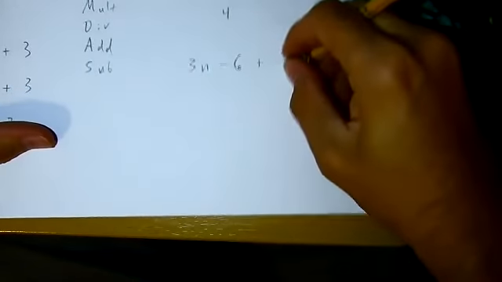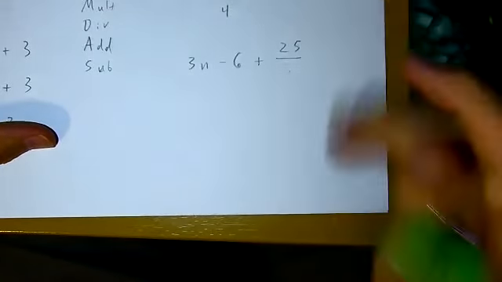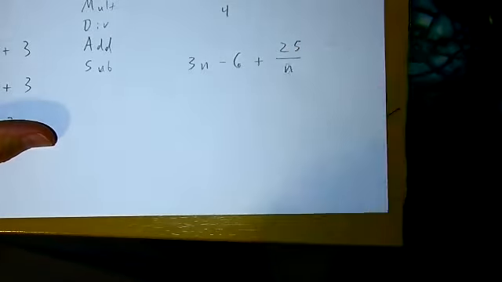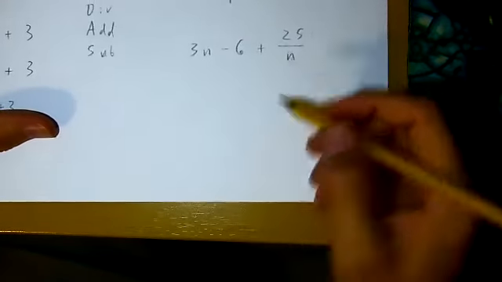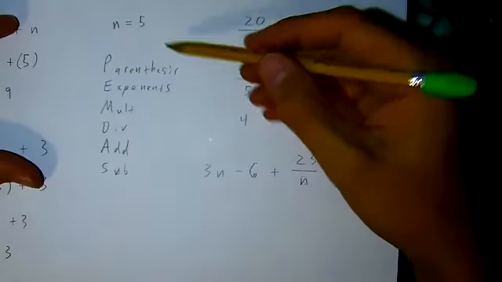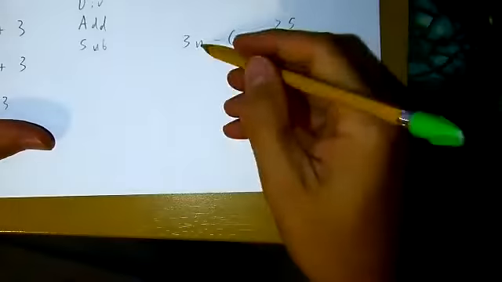Oops, didn't mean to do that, but you know what it's going to be now. So you could have multiple n's. You would just substitute your 5, still haven't changed that, in for all of your n's.